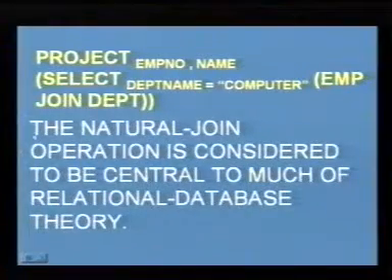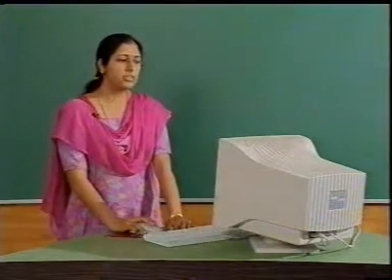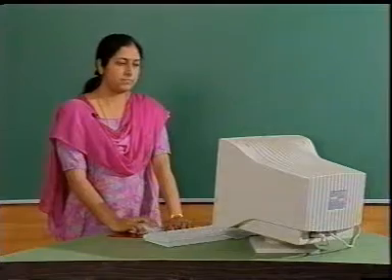The natural join operation is considered to be central to much of the relational database theory. Basically, it is one of the very important operations which is very essential for easy query writing.